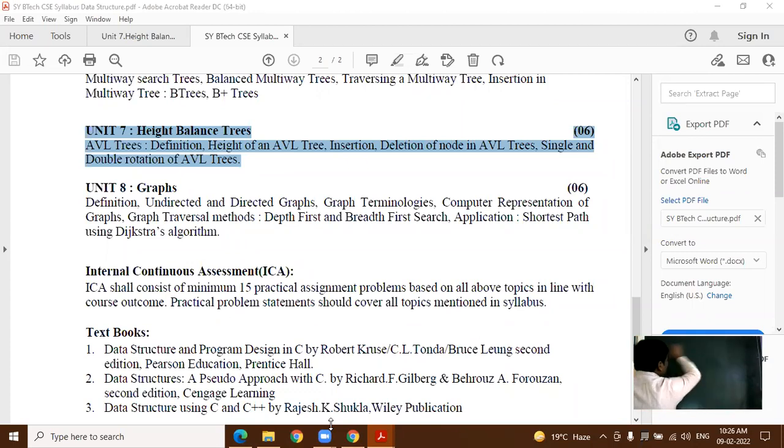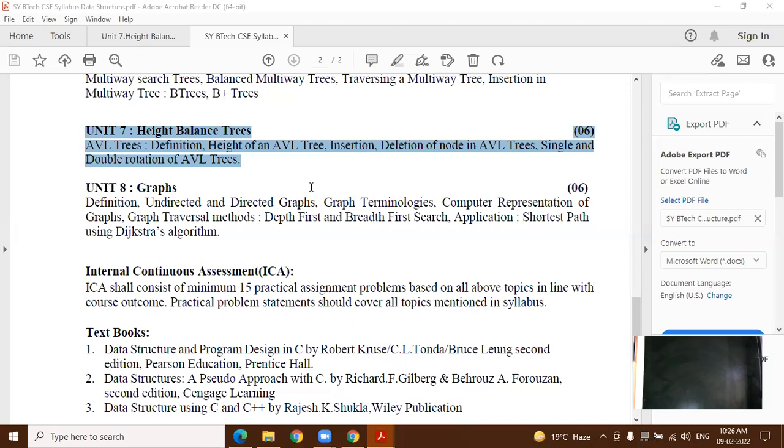We have seen how many types of trees till now? Before proceeding to the definitions and everything, we'll discuss a few points. In this unit we are going to discuss the definition, the height of AVL trees, and different operations.